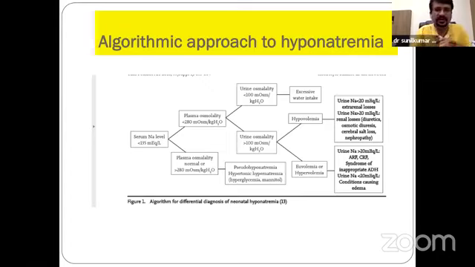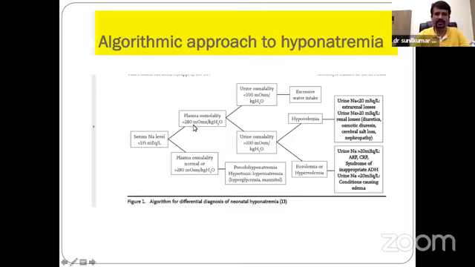This is based on clinical assessment, and this is the algorithmic approach to hyponatremia. Basically we need to assess plasma osmolality, urine osmolality, and urine sodium. So these three numericals we need to know for this algorithm. The baby's normal neonatal sodium is 135 to 145, so if it is less than 135, we need to do a plasma osmolality.